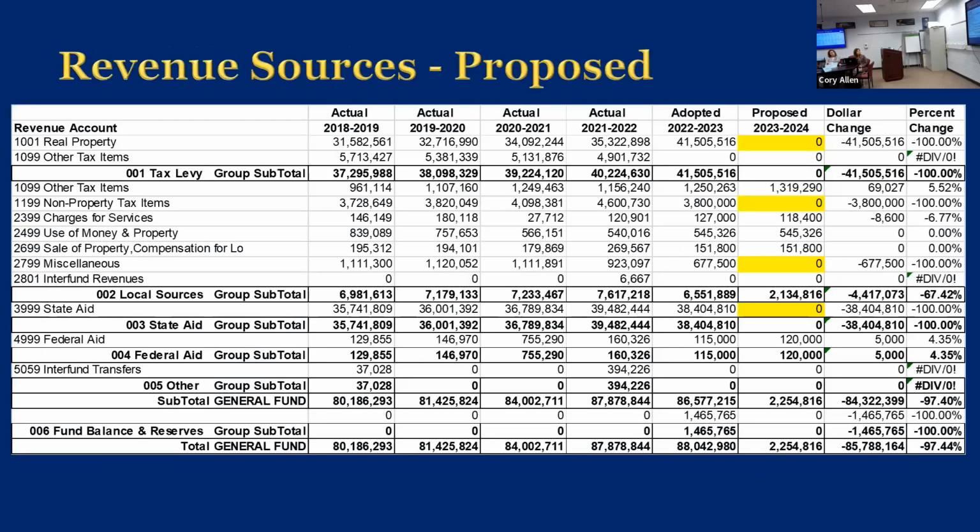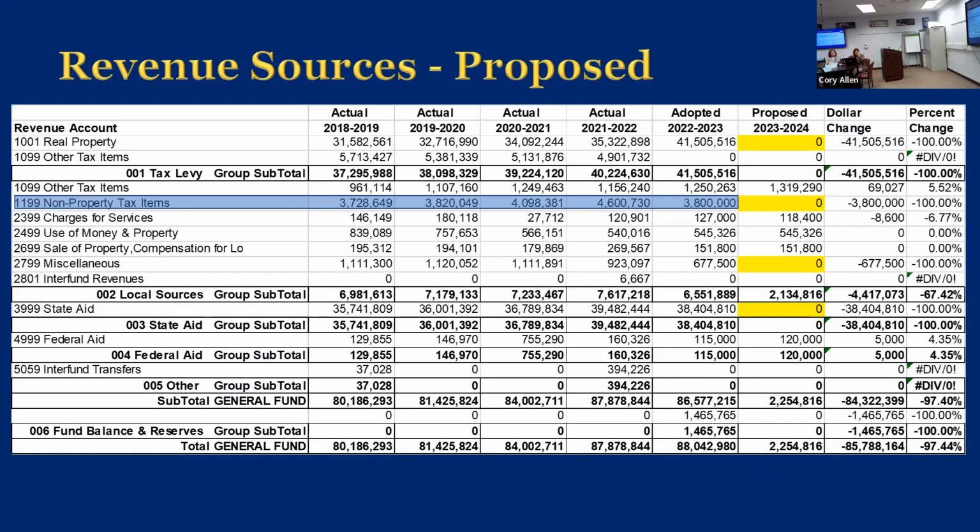Okay, so here's where we're at right now with what I've proposed thus far. The sections in yellow are the ones that we're going to really have some discussion about and allow you to identify what you think it may be. So first, we're going to look at what they call non-property tax items.